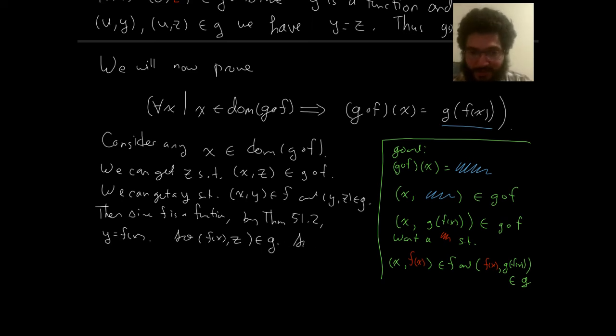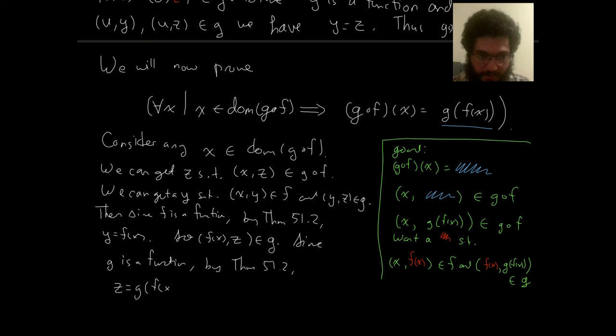Okay, but g is a function, right? Since g is a function, again, by theorem 51.2, the second thing is g of the first thing. Z is g of f of x. Right?